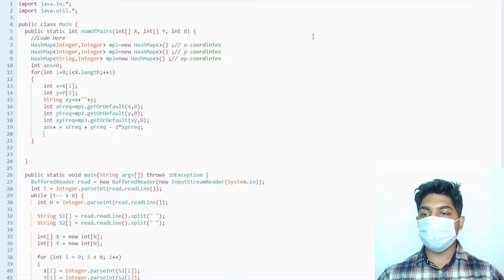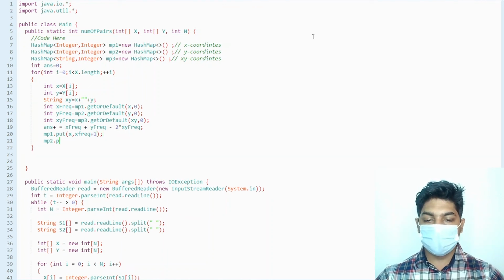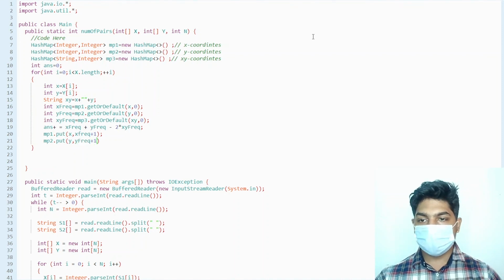So after this, in map1 we will do map1 dot put x comma x frequency plus 1. Okay, map2 dot put y comma y frequency plus 1. Here f is capital.